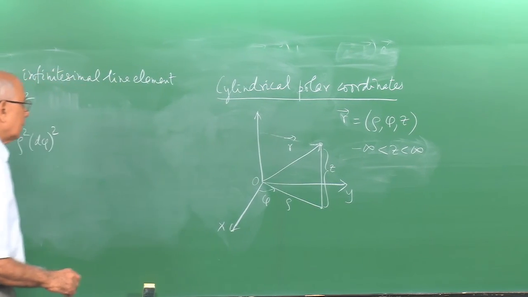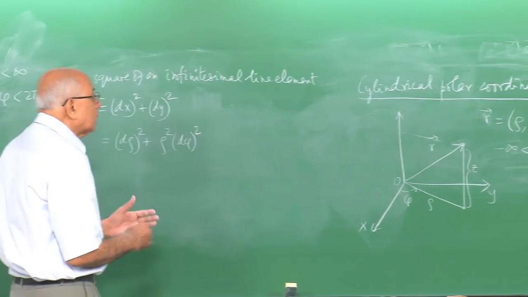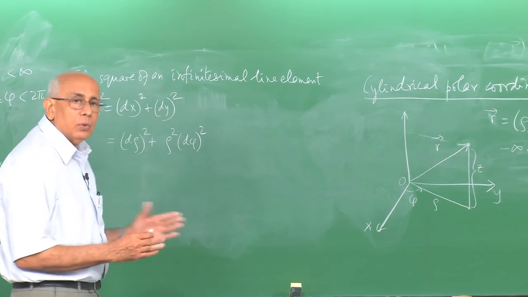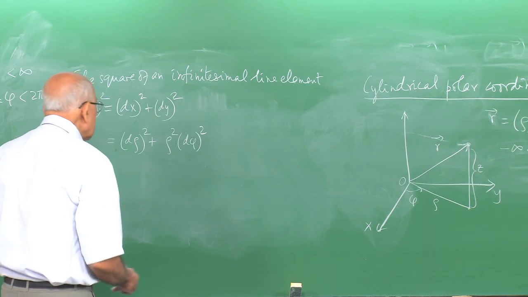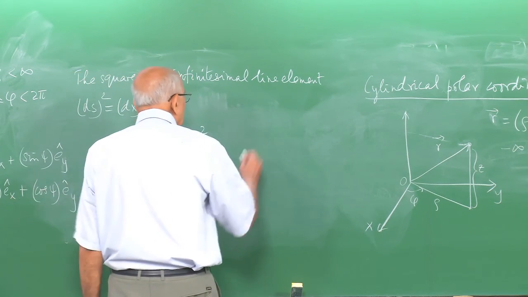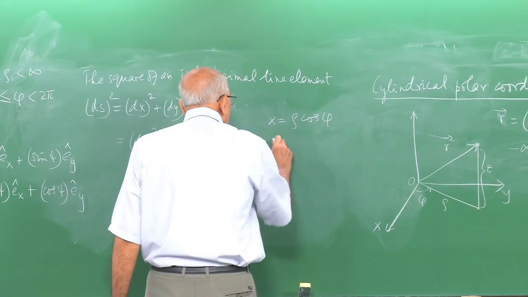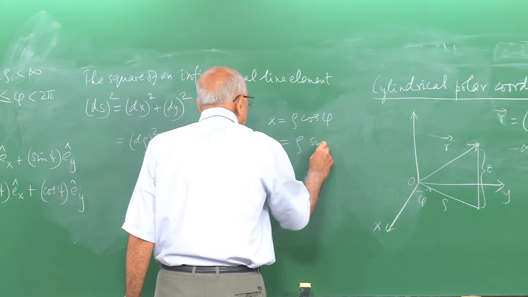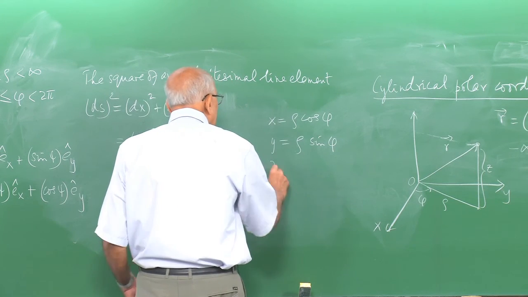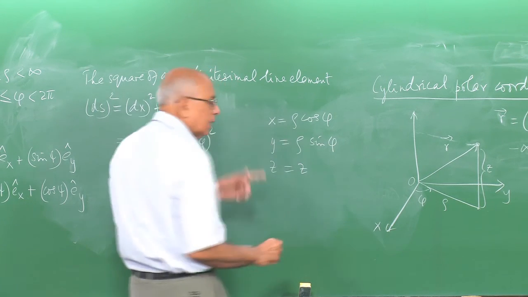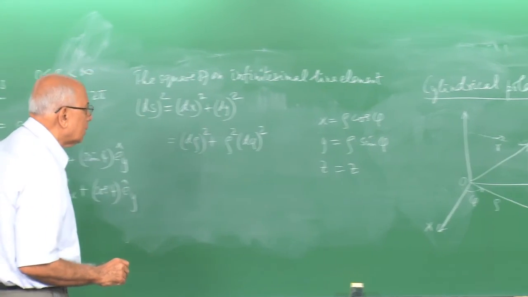So the connection to the Cartesian coordinates is obvious. It's exactly as it is in plane polar coordinates in the sense that x is rho cos phi, y equal to rho sin phi, and of course z in Cartesian is the same as z in cylindrical polar coordinates.